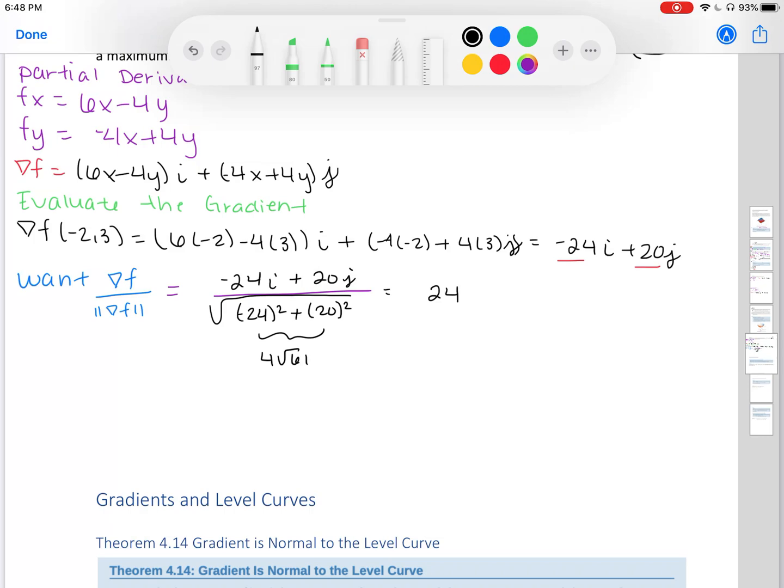So we're left with 24 over 4 square root of 61 i plus 20 over 4 square root of 61 j. And we can go ahead and simplify those numerators, right? So we can get a 6.